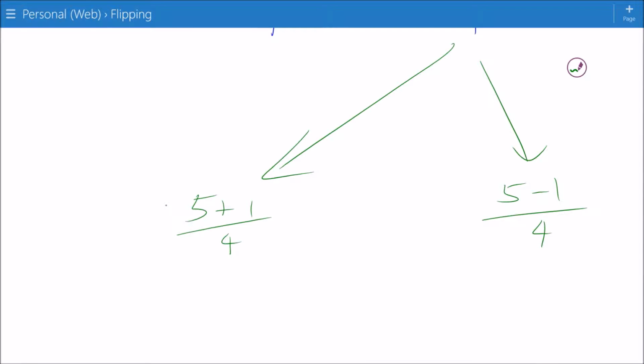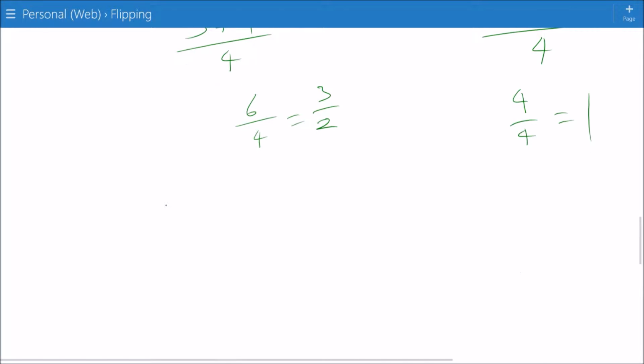So this would just be 6 over 4, which equals 3 over 2, and that's fine. You can leave it like that. Remember, fractions are our friends. They never did anything wrong to us. I don't know where they get the bad rep. 5 minus 1 reduces to 4 over 4, which is just 1.